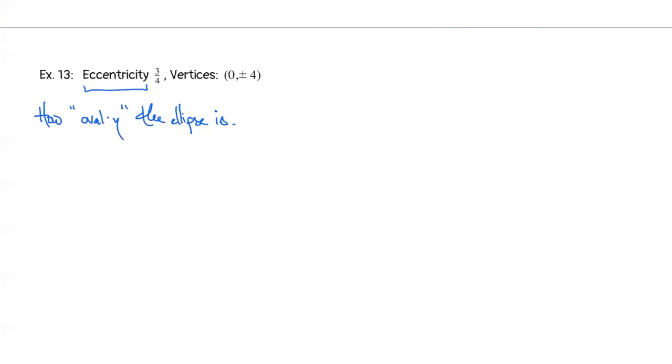Okay, how ovally the ellipse is. Smaller eccentricity means more ovally.